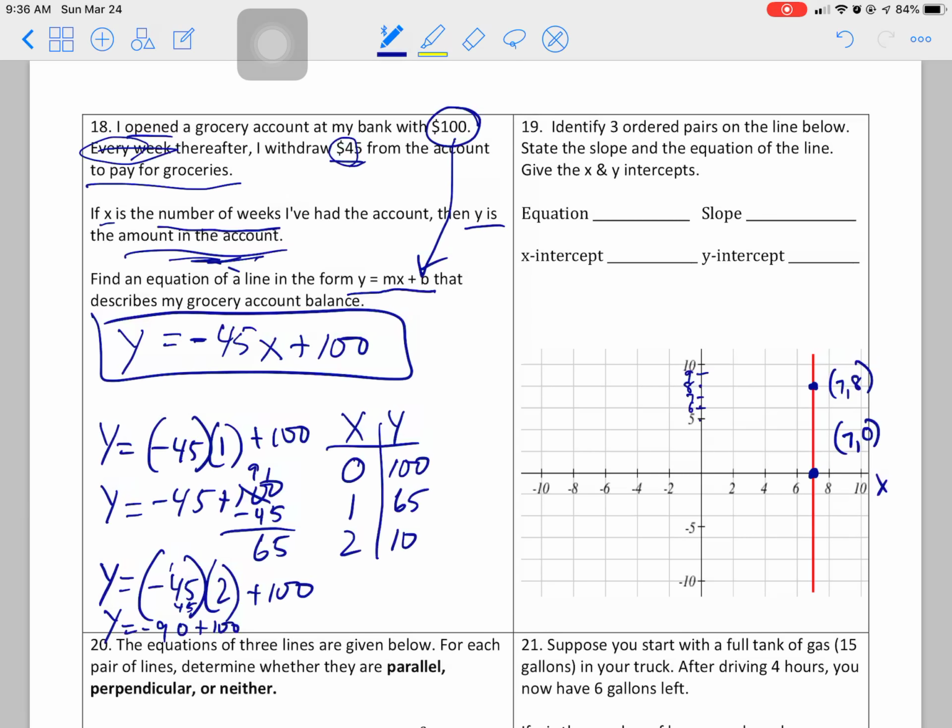And then we could pick something in the middle right there. That should be 7, negative 5. Okay, there's 3 ordered pairs. State the slope. Well, it goes up and down, so the slope doesn't exist. Does it have a y-intercept if the slope doesn't exist? It actually does have an x-intercept of 7. We haven't talked about those very much, but that's a critical thinking question. And if it goes up and down, the equation starts with x equals, and if it goes up and down on 7, x equals 7.